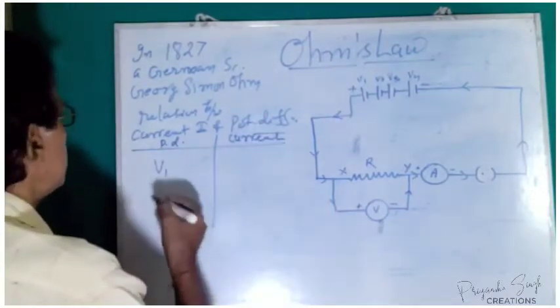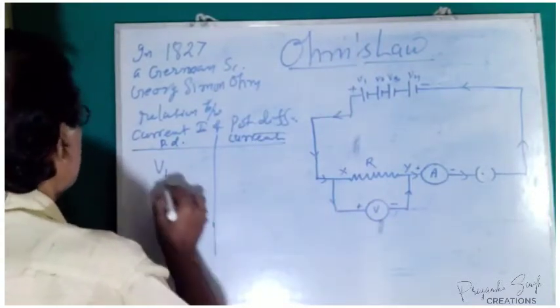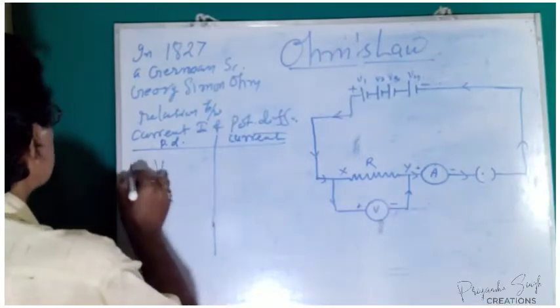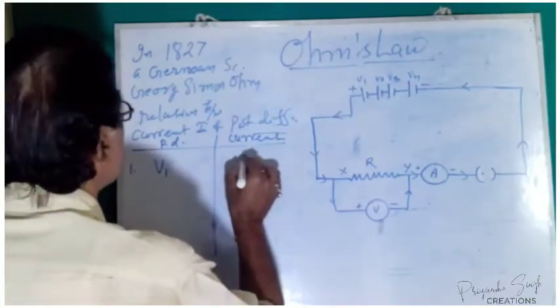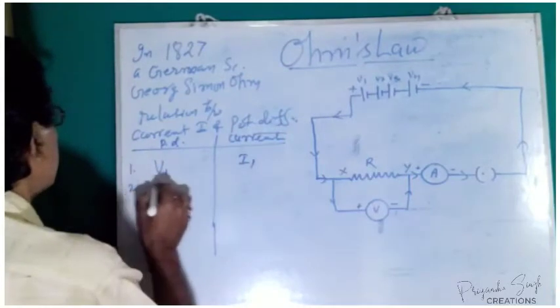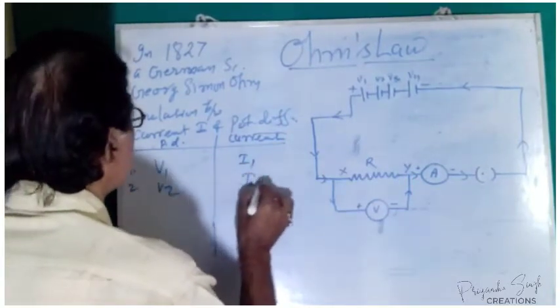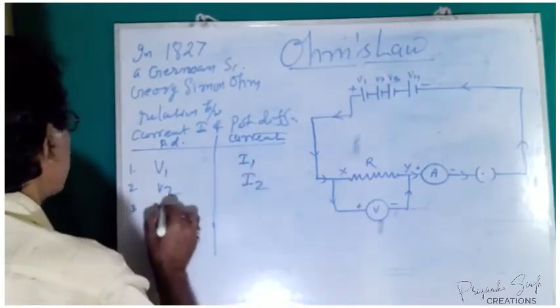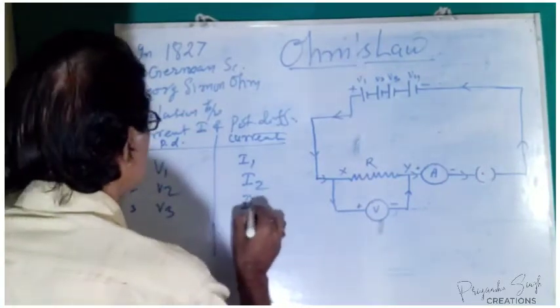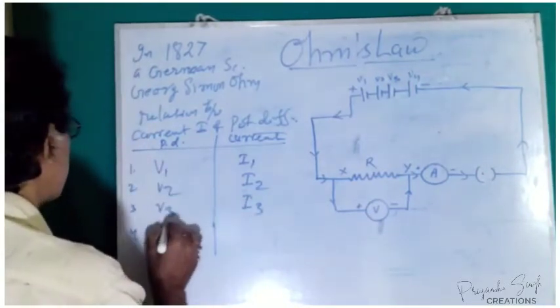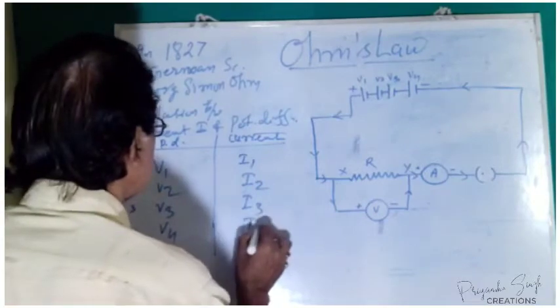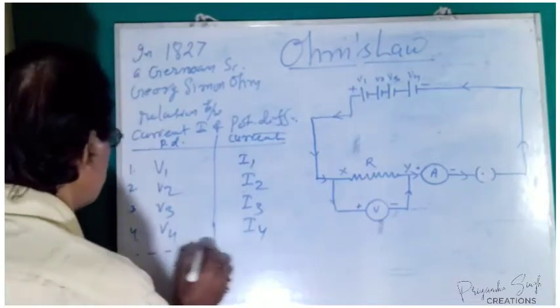We get the data here. At potential difference V1, current strength is I1. Potential difference V2, current strength is I2. Potential difference V3, current strength is I3. Potential difference V4, current strength is I4, and so on.